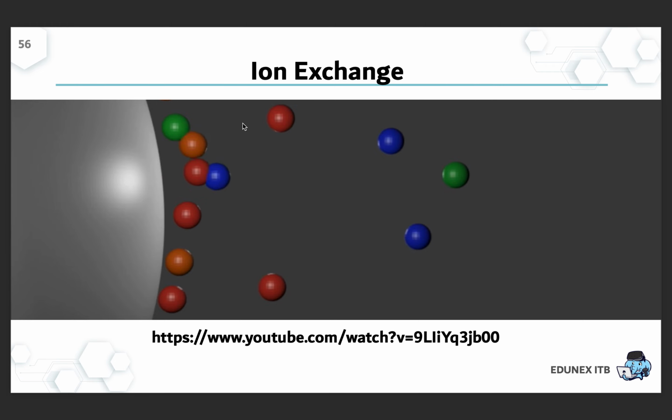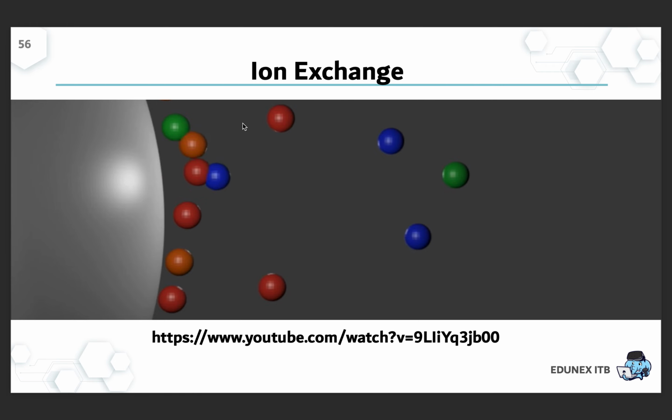Okay, now we move to ion exchange, which means that we already enter category C treatment. In category C treatment, usually we want to remove the dissolved solid. There are several pieces of equipment that can be used. The first one is ion exchange.